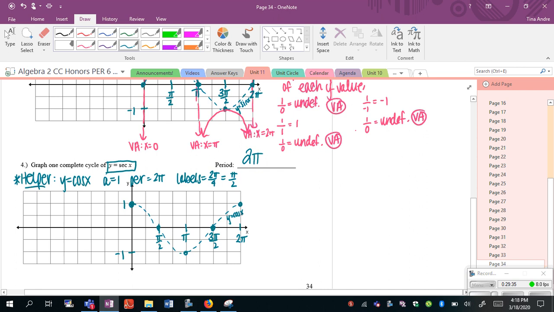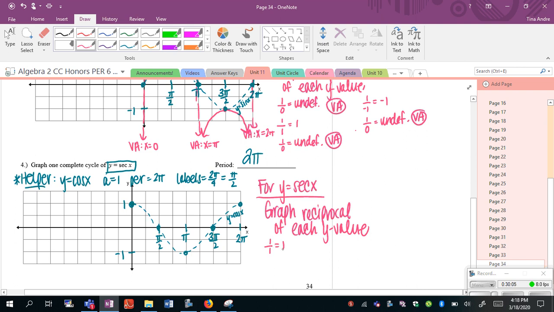And then when we go to do our reciprocal, remember, for y equals secant, you want to graph the reciprocal of each y value. So what I'm doing here is exactly what I did in the previous one. When the y value is 1, I'm thinking the reciprocal would be 1 over 1, so it's going to have a value of 1.